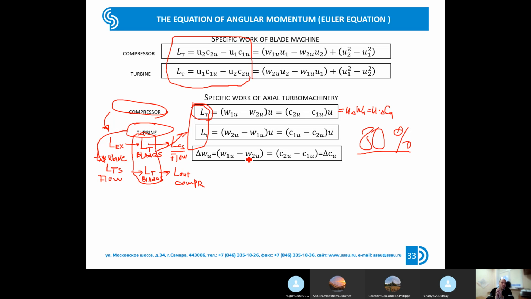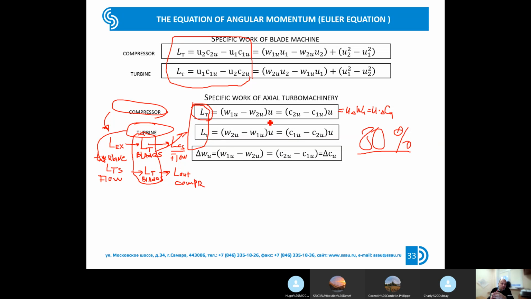But the energy which you receive using blades depends on delta W and U. It means that if your turbine does not rotate very fast, if your circumferential velocity is very small, you do not take all the energy which is contained inside the flow.